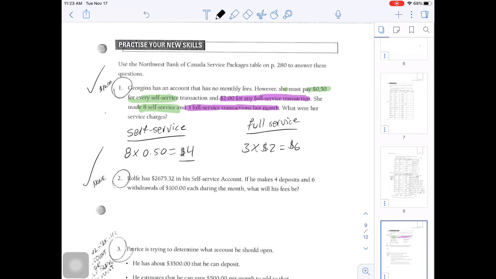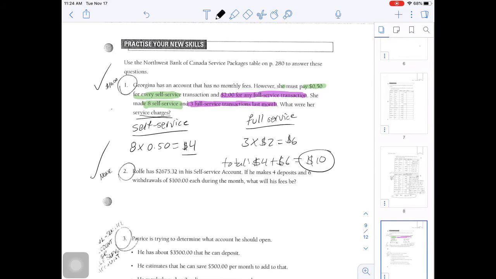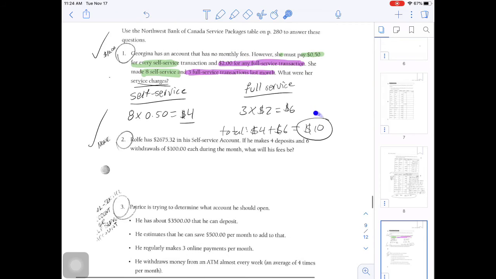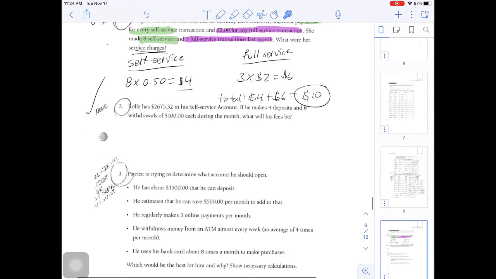And then what were her service charges? Total service charges will be $4 plus $6, and that gives me $10. Okay, so there is how much it cost her to do all these transactions. So that's a pretty skimpy looking setup there. I would not go for whatever account she has.